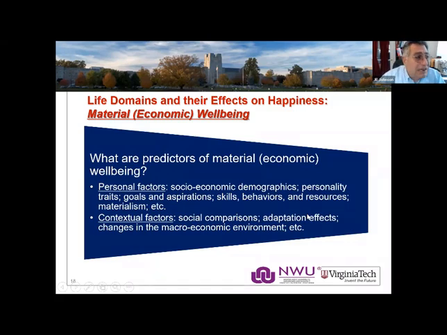So what are the predictors of material or economic well-being? Socioeconomic demographics. There's a whole bunch of these. If we're talking about something like marital status, married couples, something to do with their assets and their combined income, they're better off.